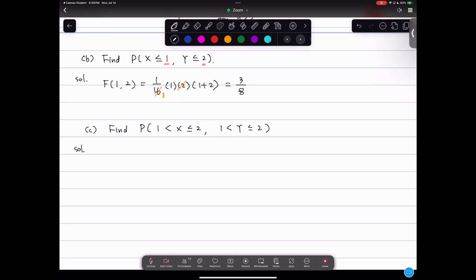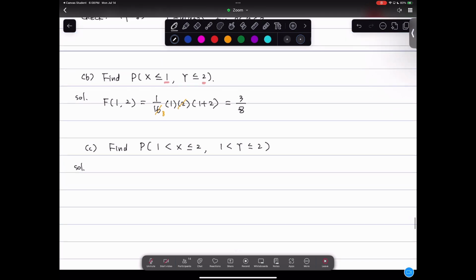All right, so if I remember how to get the CDF, what we're trying to do is figure out my support, which is from 0 to 2 for x and y.